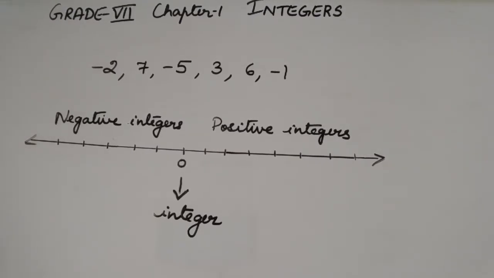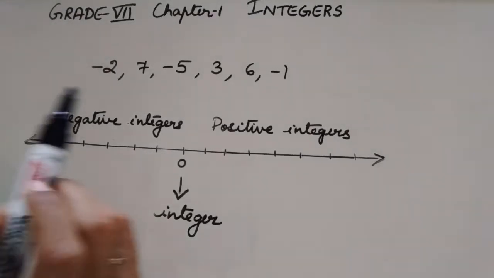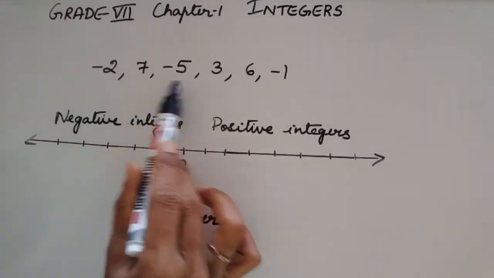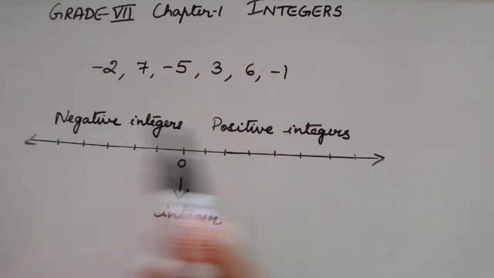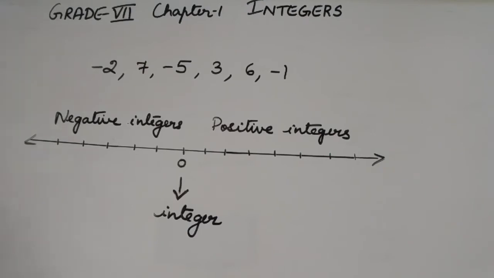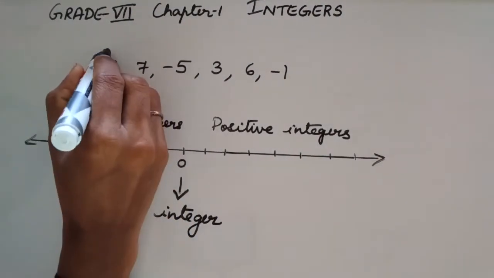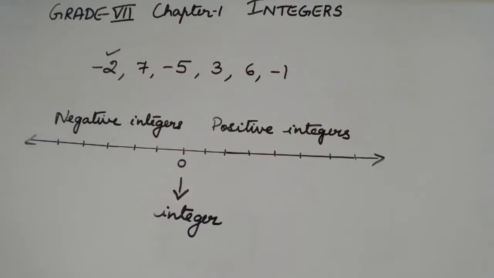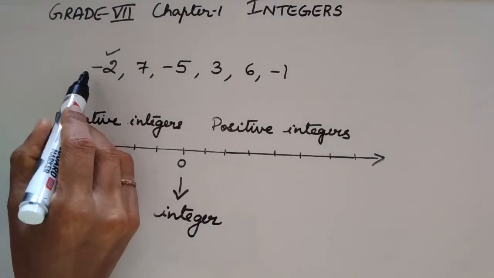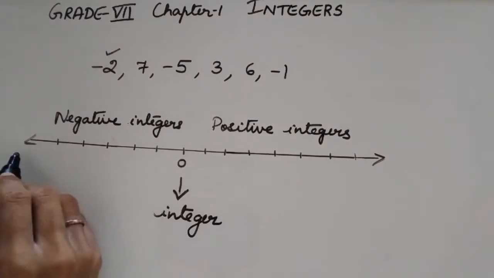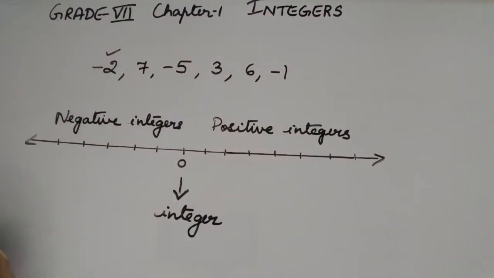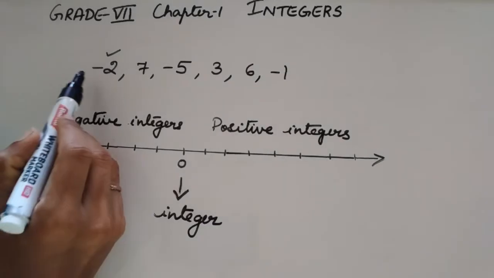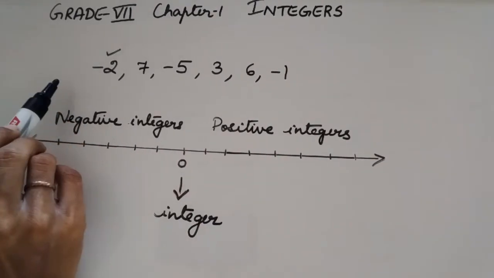Now, our next work is to represent these integers on this number line. Now, the first integer, that is -2. So, where does this integer come on this number line? Is it a positive integer or a negative integer?